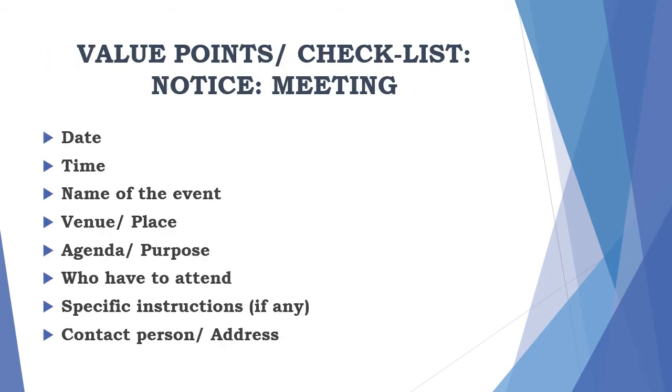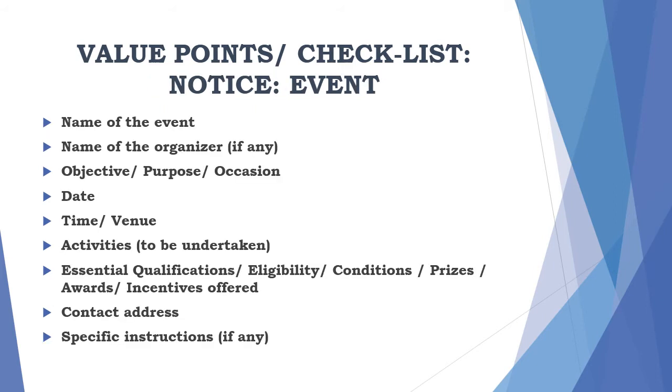Students, you can keep the following value points in your mind while drafting a notice for a meeting. Date, time, name of the event, place, purpose, the people who have to attend, any specific group, specific instructions if any, contact person or address. These are the value points for writing a notice for an event.